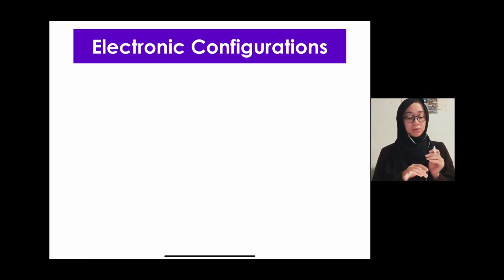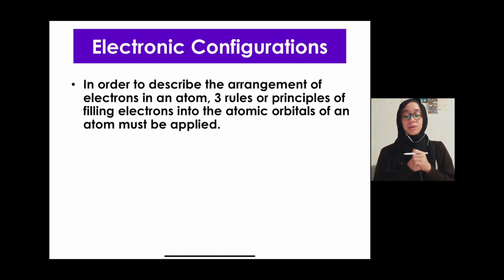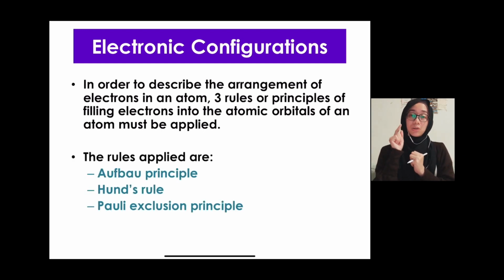In order to describe the arrangement of the electrons in an atom, three rules or principles of filling electrons into the atomic orbitals of an atom must be applied. Those three rules are the Aufbau principle, Hund's rule, and also the Pauli exclusion principle. For these three rules and principles, please make sure that you spell them correctly.